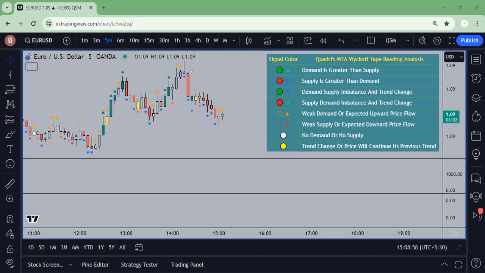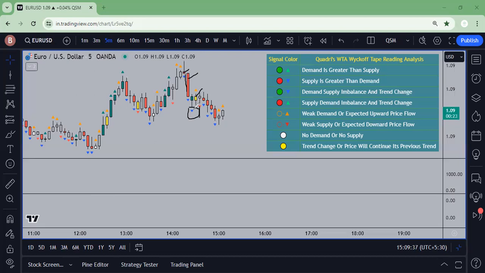Same thing happened over here. In the last 15 minutes we are getting a downtrend, as well as demand which is greater than supply. But after that we had a trend change or price continuation kind of candle, that is yellow, and immediately after that we can see weak supply. So how would one analyze this situation?